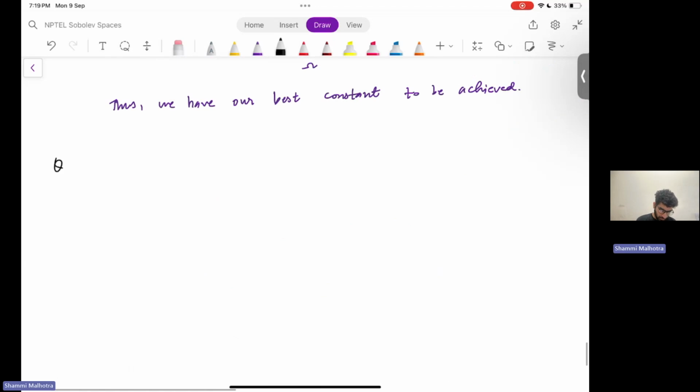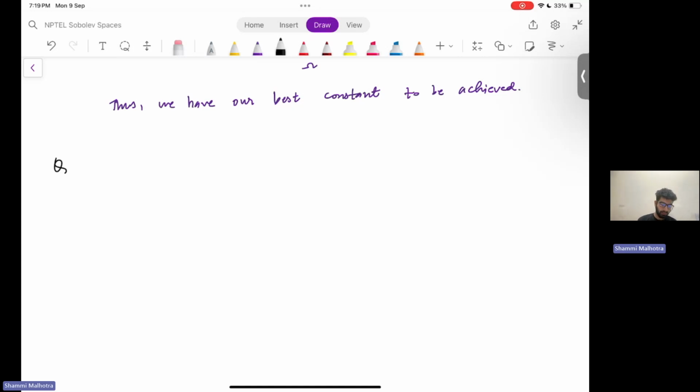So clearly that does not hold. The problem with having the Poincare inequality hold for all the functions in W1P is that if you take a constant function, it has some positive LP norm, but the grad norm is zero, and I cannot have any constant which holds for these constants.